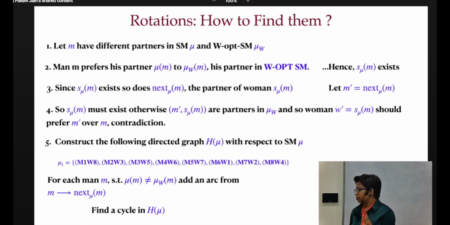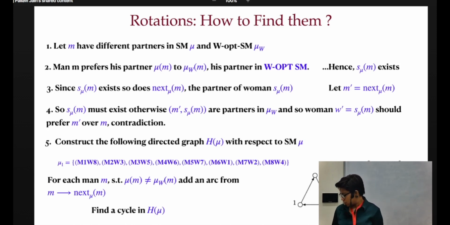Okay, fine. The thing is, you can have things like this: the in-degree, where you can have multiple parents. These are labels of the men. This indicates man M7 has two people, M5 and M8, who both consider M7 to be their next.